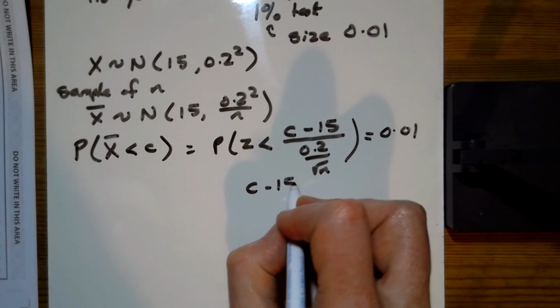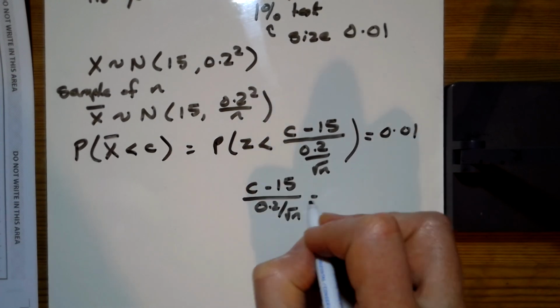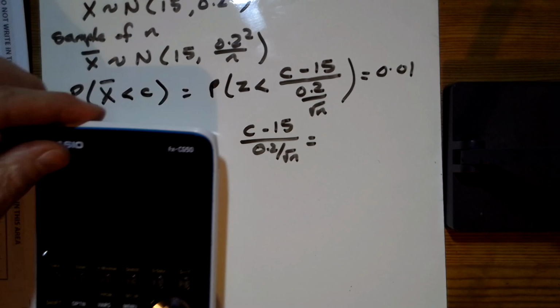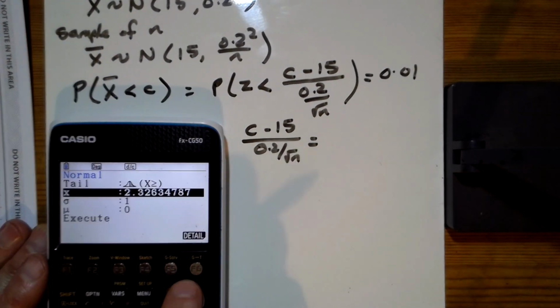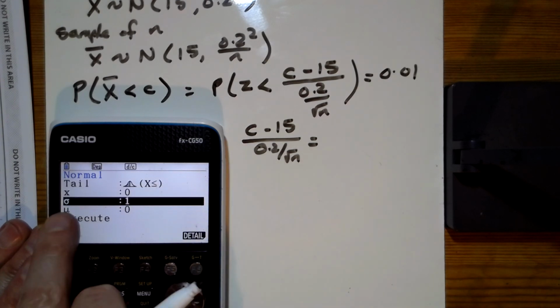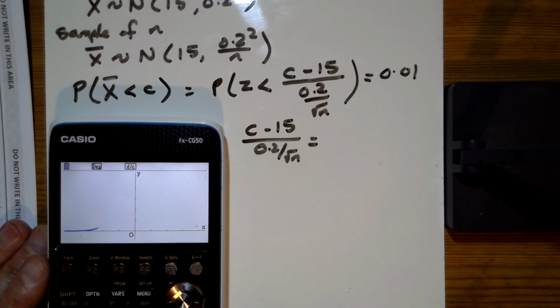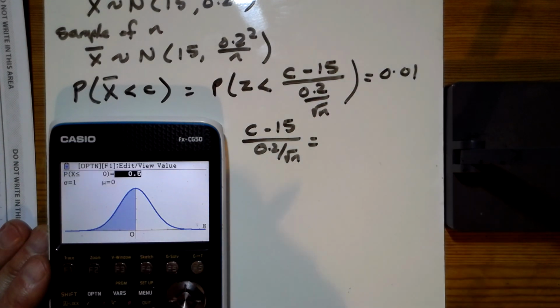So, bit of rearranging here. So if I just put 0.2 over root n there, and what do we get on a normal distribution here? So normal distribution, we want a less than, we want a standard deviation of 1 and a mean of 0. And so this, because it's the standard normal, we want the probability here to be 0.01.